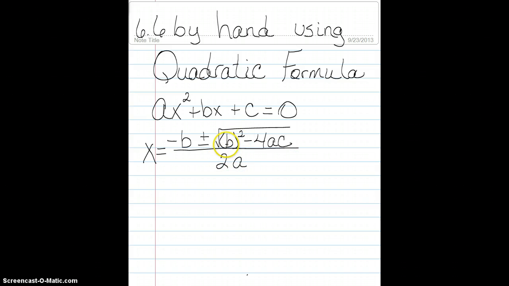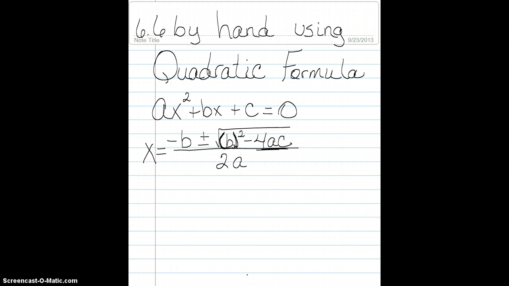Now, one of the reasons I put the b in parentheses is because I want you to remember that when you square this b, you're always going to get a positive number right here. This one won't always be positive, but that first part under the radical needs to be positive when you square it.